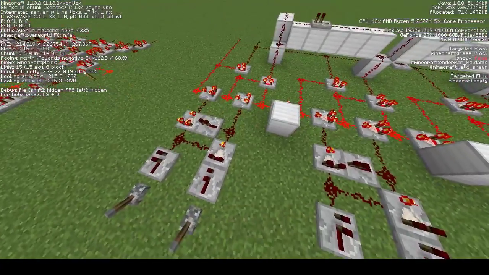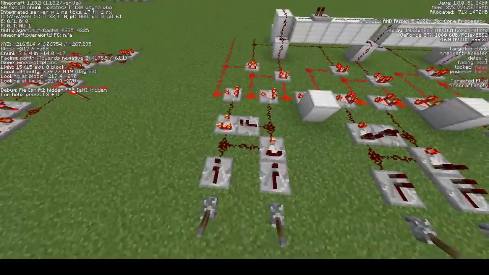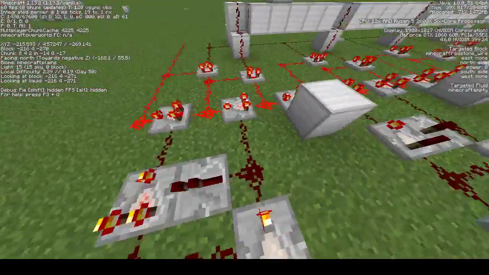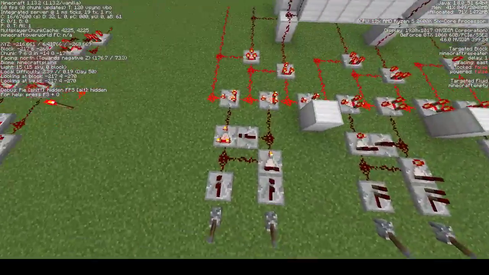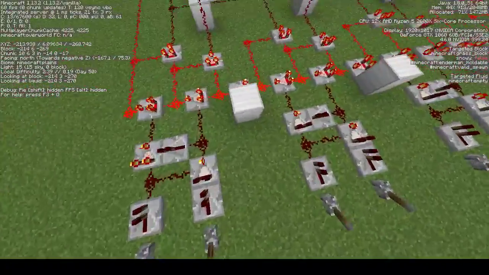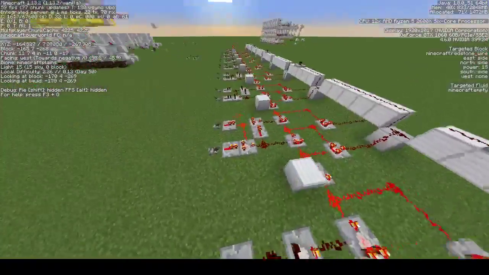It's kind of like an XOR gate, except that it sends two different outputs for which one is actually on. And that's the simpler part.